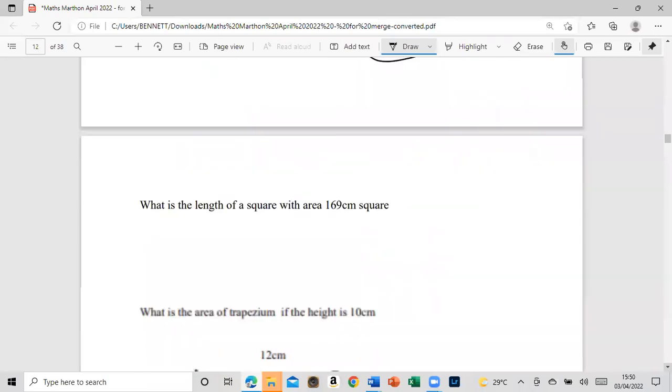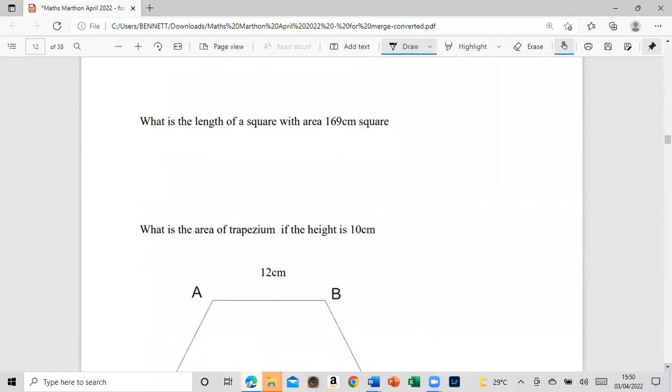This one now. What is the length of a square with area 169 centimeters squared? Guys, what's the area if you have a square, and the area is 169?